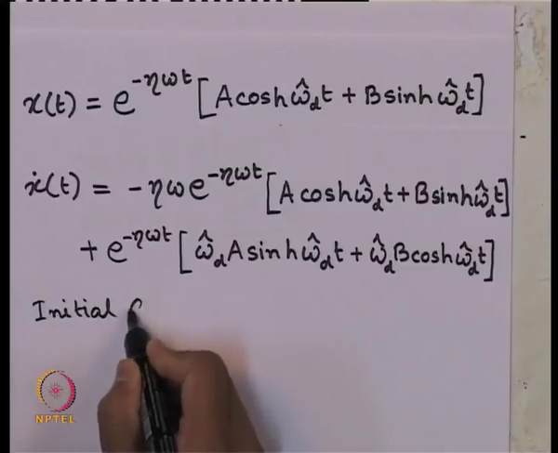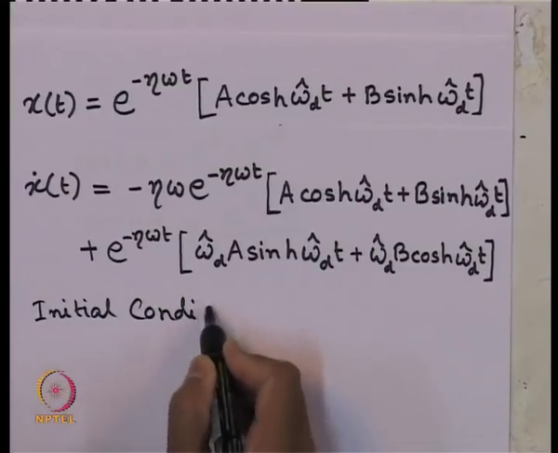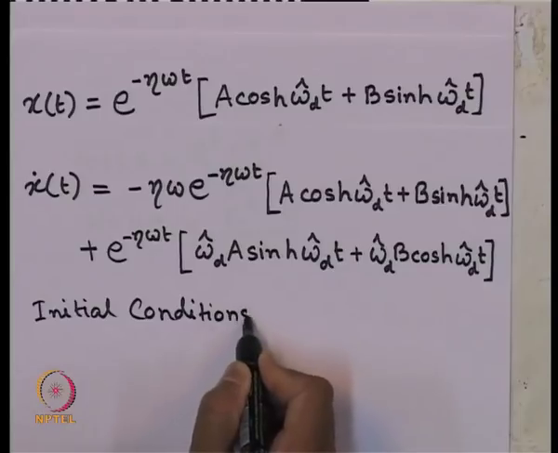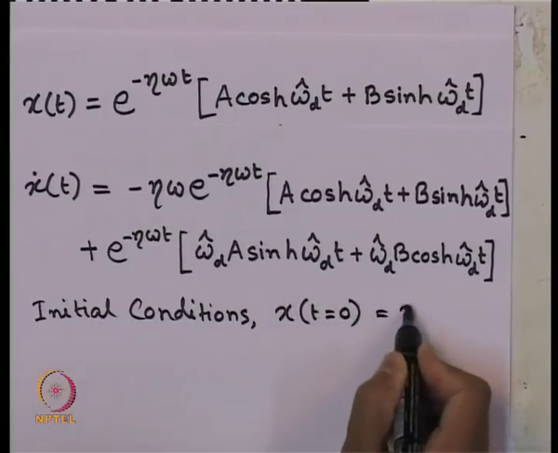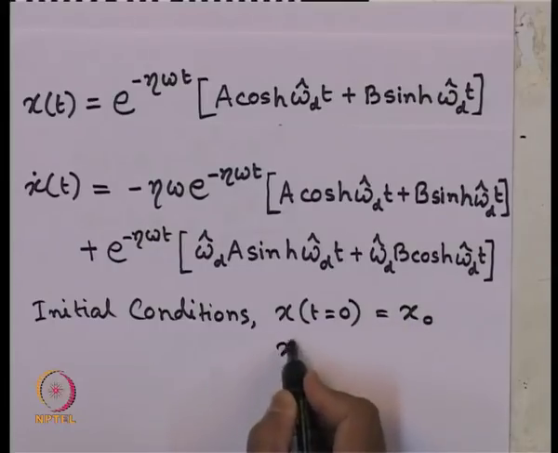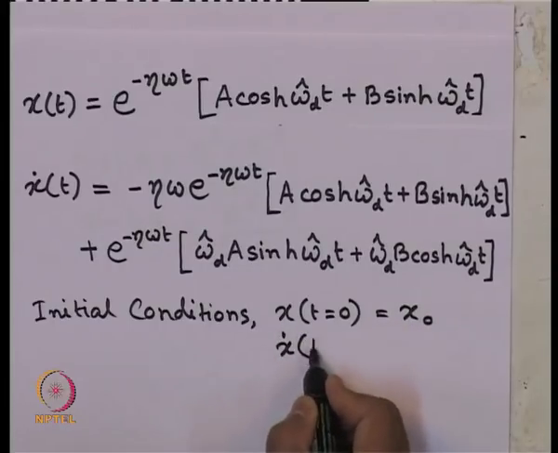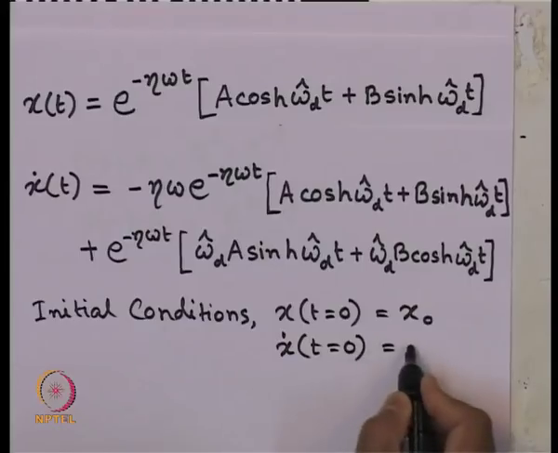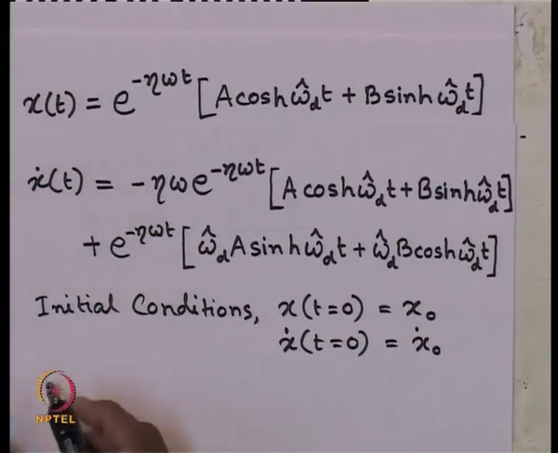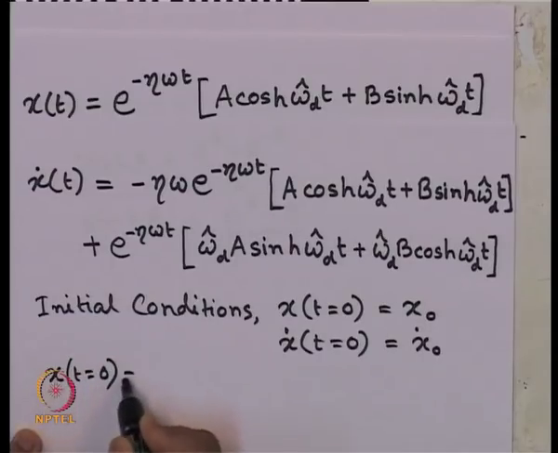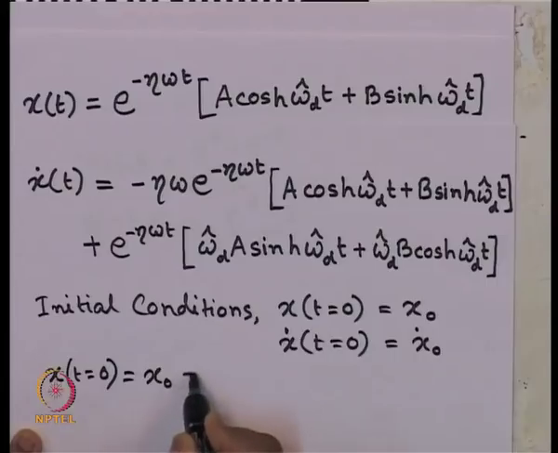So, initial conditions, that is x at t equals 0 is x naught, and velocity x dot at t equals 0 is x naught dot. So, from the first expression what we can write, that x at t equals 0, which is x naught.